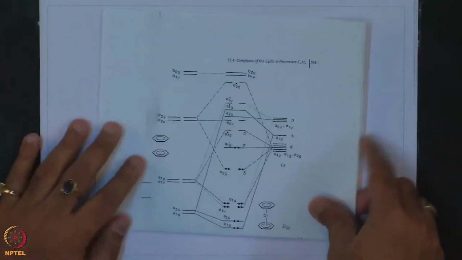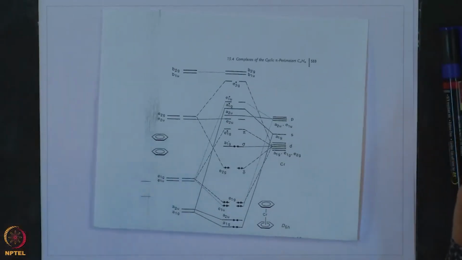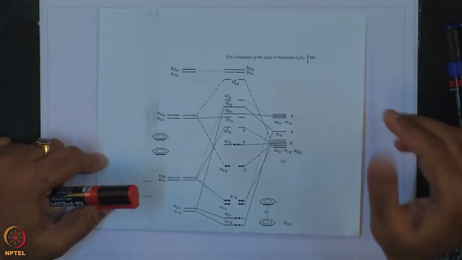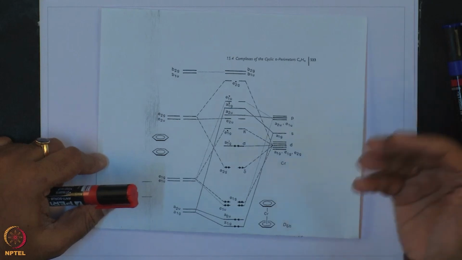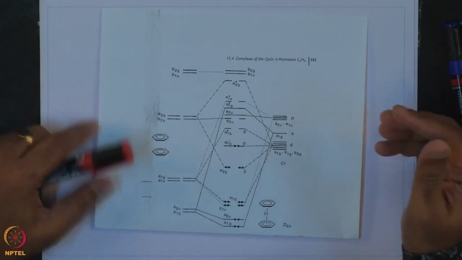So, to begin with, from where we had left in the last class, we had finished the construction of the molecular orbital correlation diagram for the bis benzene chromium complex, and we had seen that several ligand based orbitals remain non bonding, in the sense that they do not engage with any atomic orbital on the metal side.